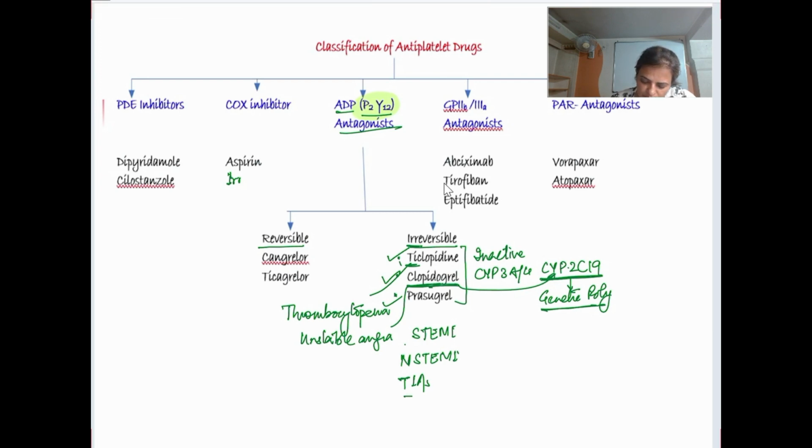Coming to prasugrel, this also acts in the same way just like clopidogrel. So this is about the irreversible. The major side effect with all the irreversible is bleeding.